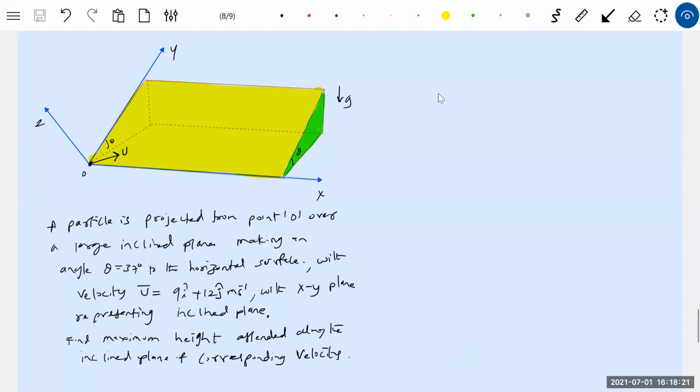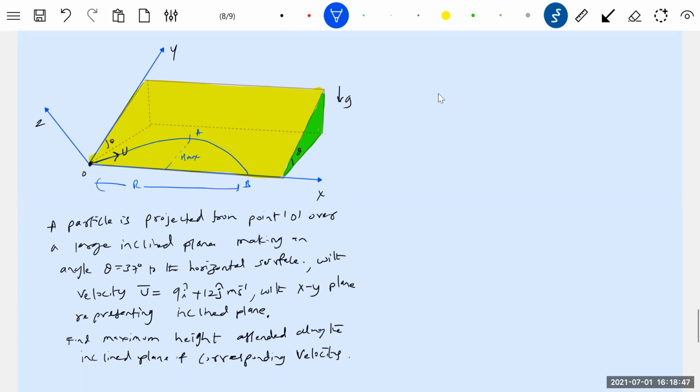You just go like this and come here, no? So where will it again come and strike the x-axis? That we will also calculate. So this is the maximum height along the incline, and this will be the range along the x-axis. We'll calculate all possible things.